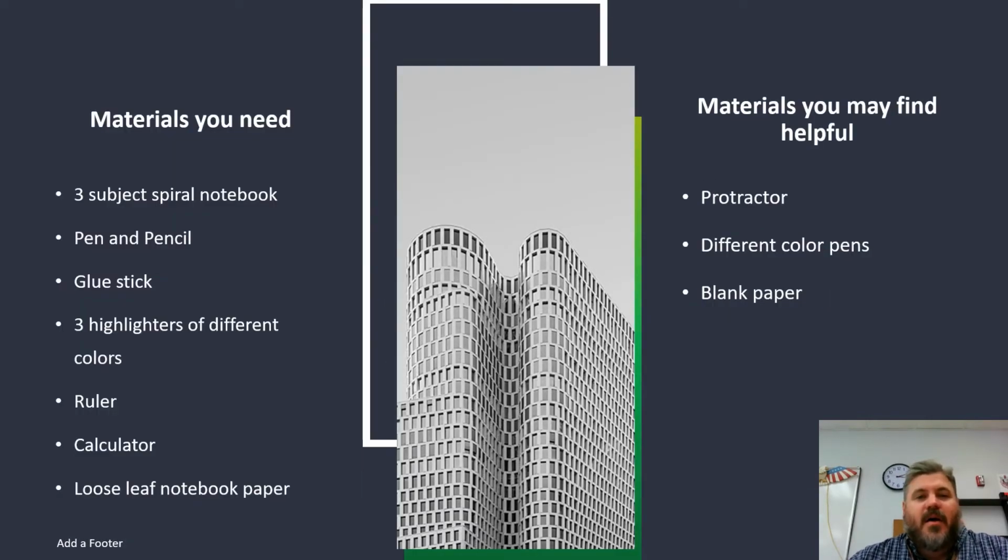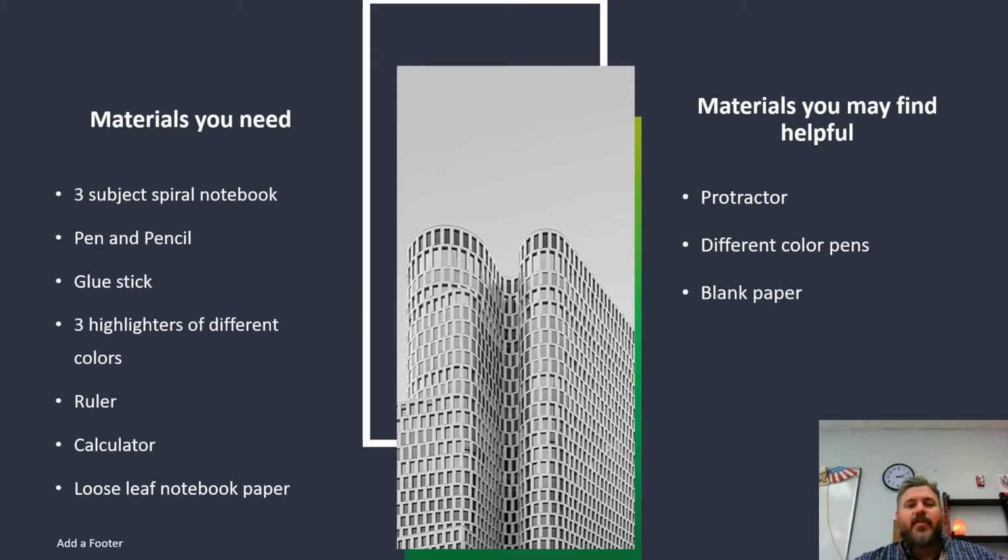All right. So this class, because of how I build on your skills, I do require quite a few materials that I believe you should have for this class that will make some of the processes that we do a little bit easier.